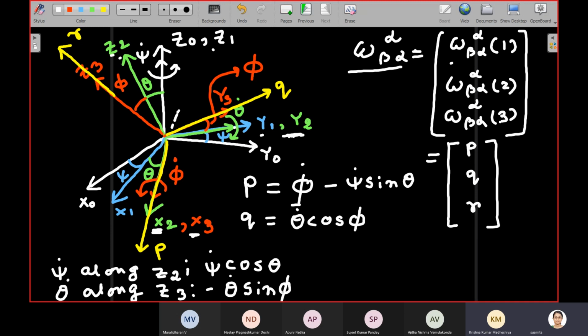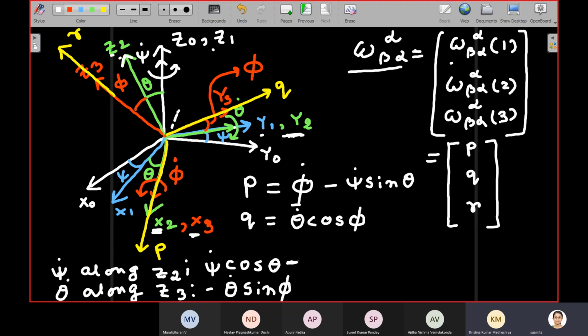Okay. Next, let's consider the component psi dot cos theta, which is the component of psi dot along Z2. Can you tell me what will be the components of Z2?